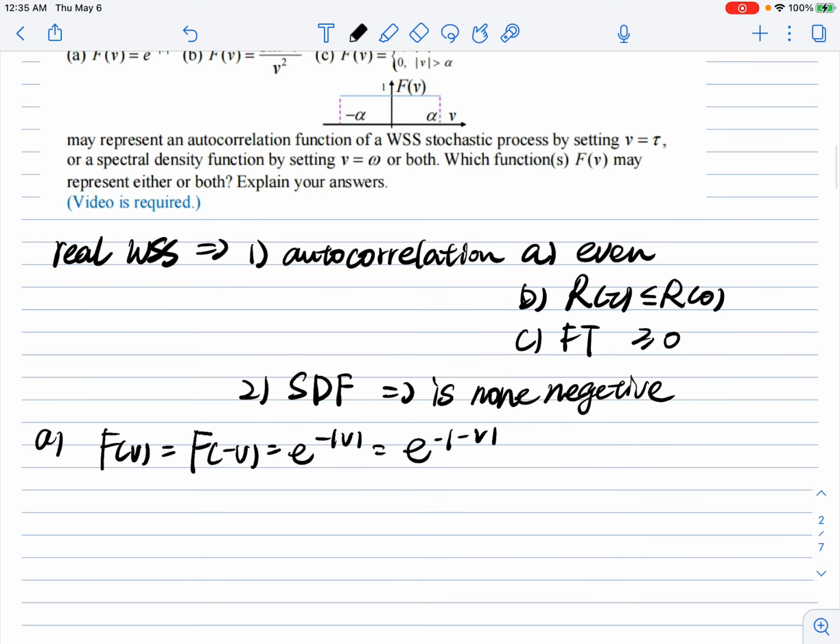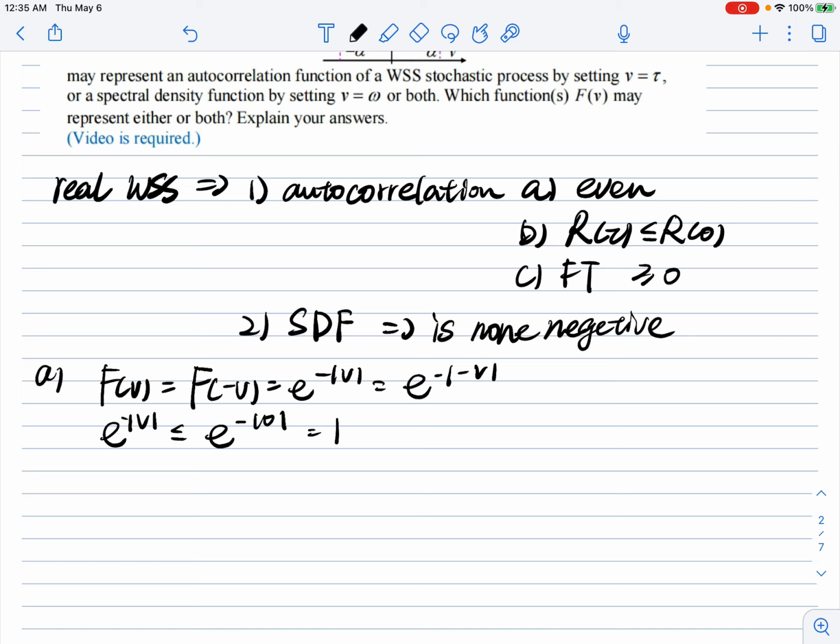And also for this function, it has a maximum value when v is 0. And I use a website to get the Fourier transform.